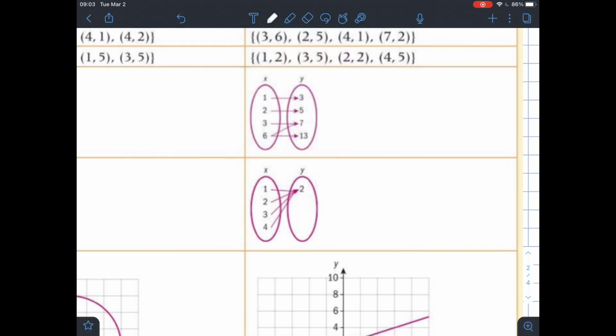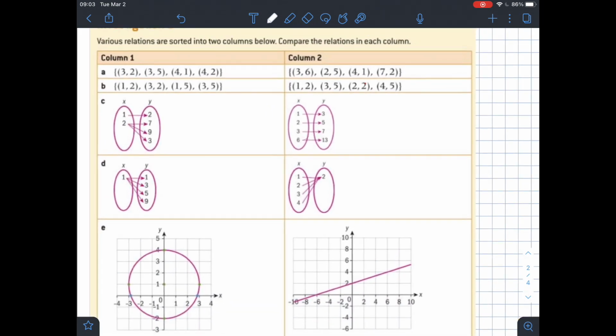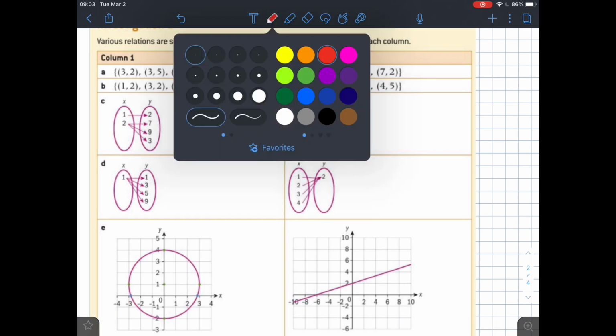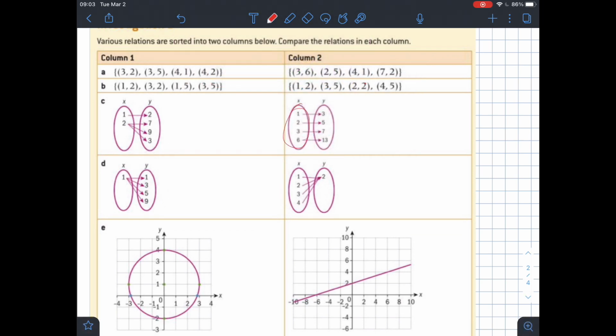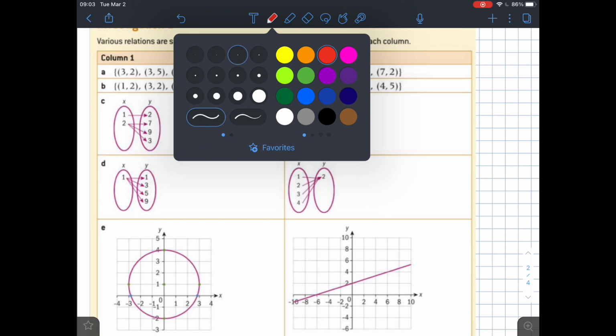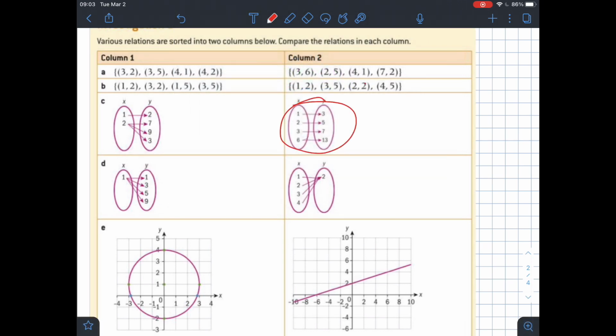Let me erase this for a second. For each value of x, there's a unique value of y, right? It's just a mistake from the book here. So let's assume that that 6 has only one solution there, which is 13. Okay, so one unique solution. So that's the difference. For each value of x, there's a unique value of y in this case.